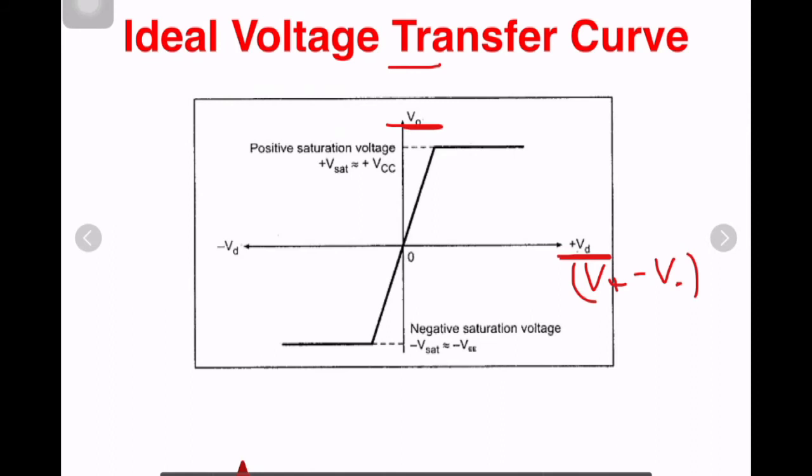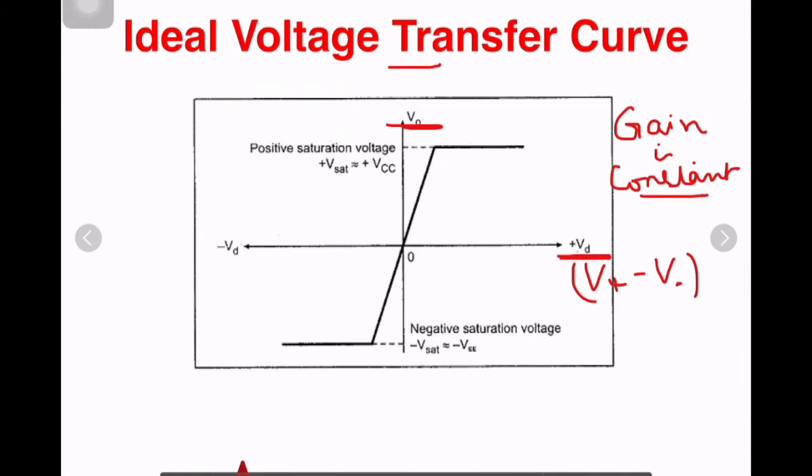It is the output voltage V naught plotted against the input voltage Vd, assuming that the gain is constant. So this is called the transfer characteristics of the op amp.